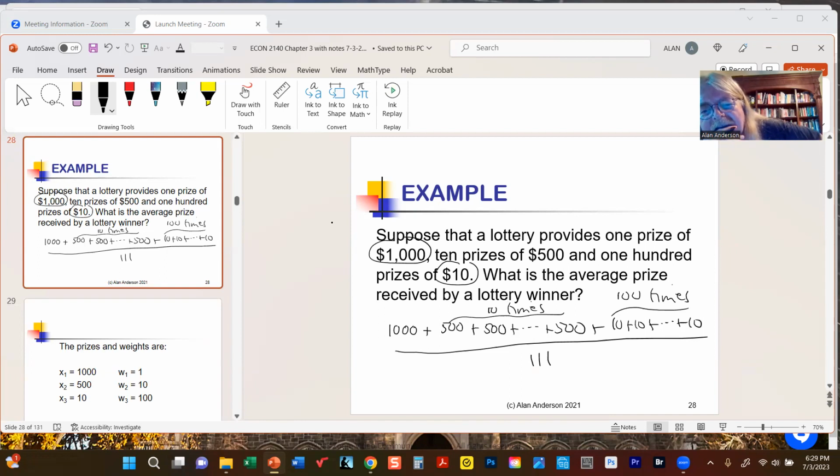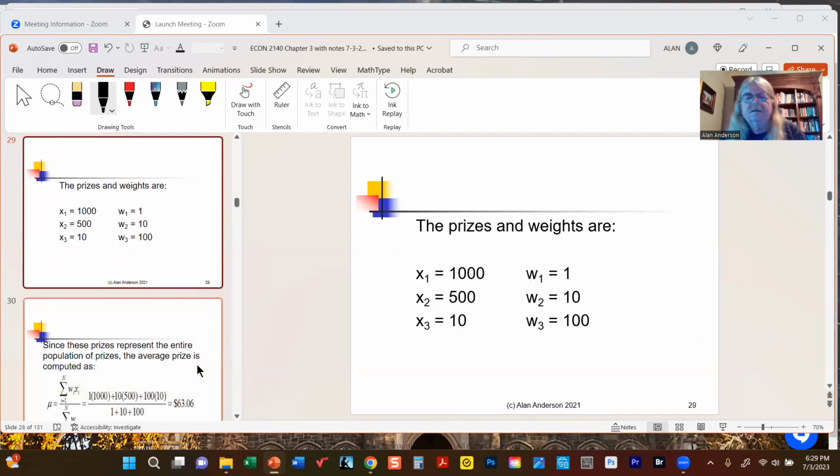Pretty high. So instead, we use this more clever approach, where we take the 3 prizes and create weights for them. The weights are the frequencies.